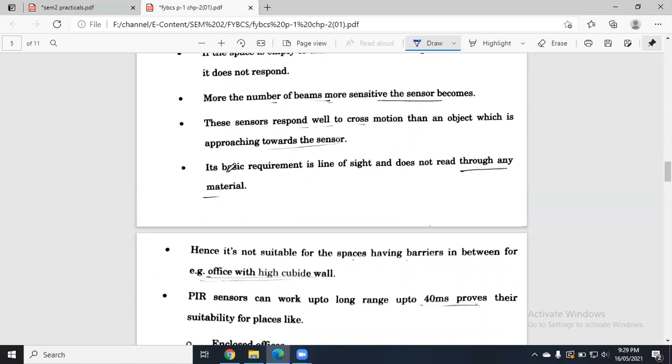Now what is the requirement of this PIR sensor? It will work to the line of sight distance only. Now what is line of sight? Without any interruption, I can see to a particular distance. Okay, and that visible distance is called the line of sight distance.